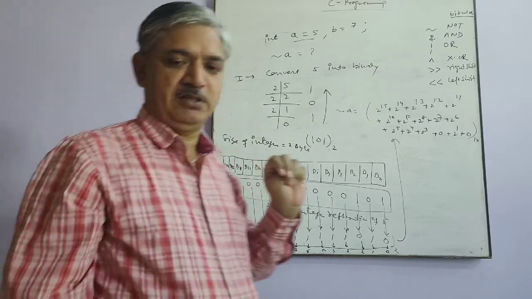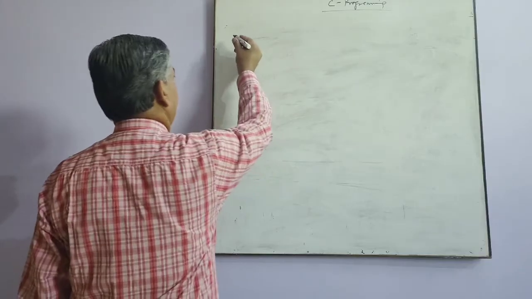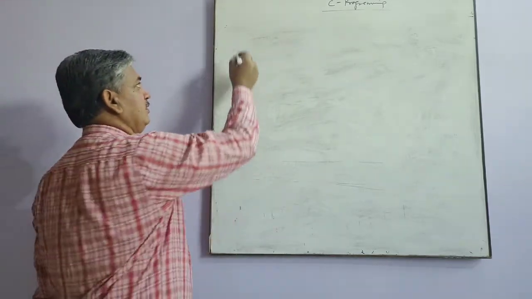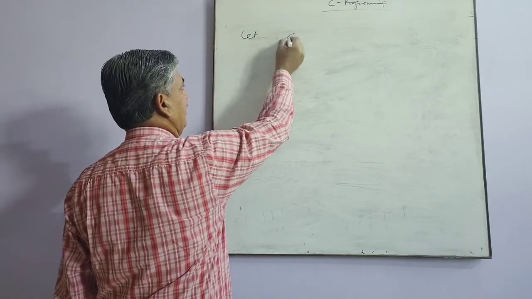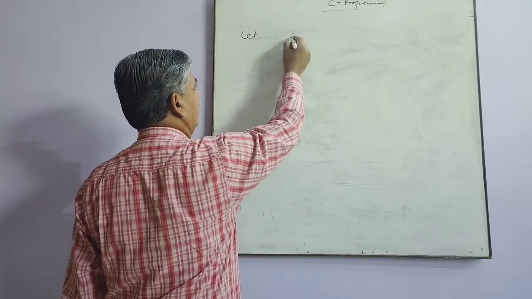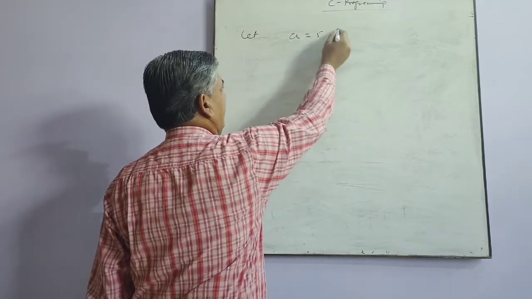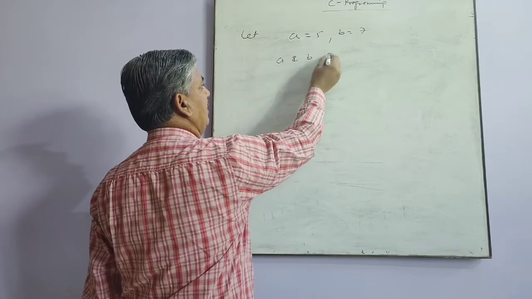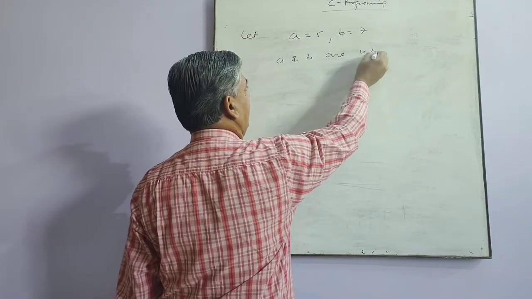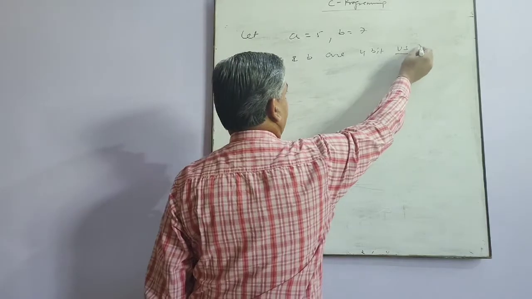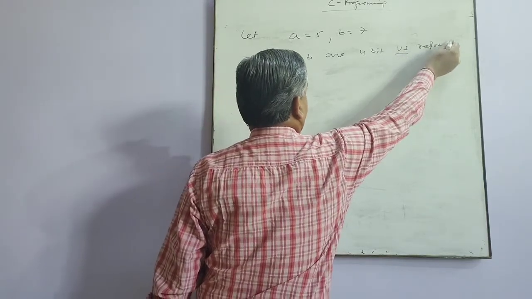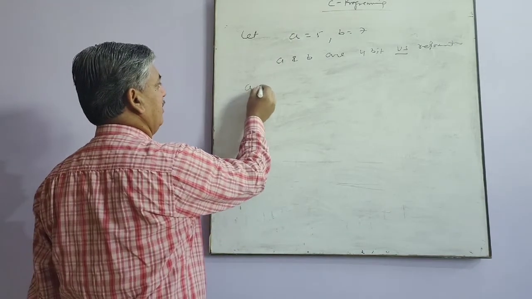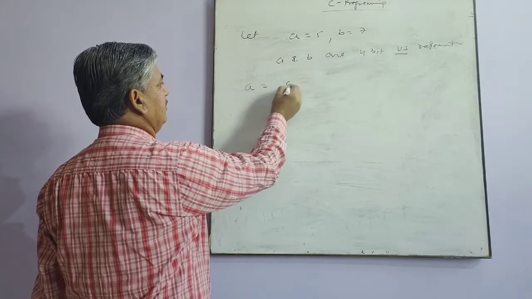Now consider another example. Suppose A equals 5 and B equals 7. Okay? And A and B are 4-bit unsigned representation. So it means A is what? In 4-bit unsigned, A is 0 1 0 1.